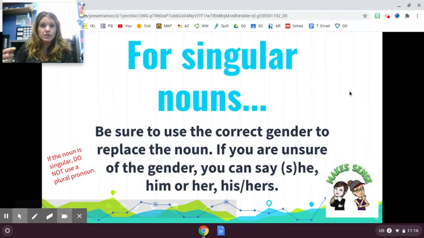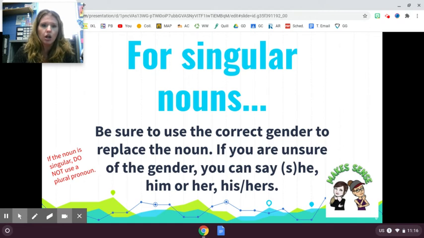All right, and I talked about this in the video. Actually, sorry, this wasn't the part I talked about in the video, but it goes along with it. For singular nouns, just be sure to use the correct gender to replace the noun. If you are unsure of the gender, you can say things like he, but put an S in parentheses in front of it. That would mean he, but it could be a girl too.